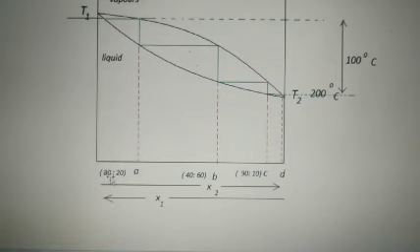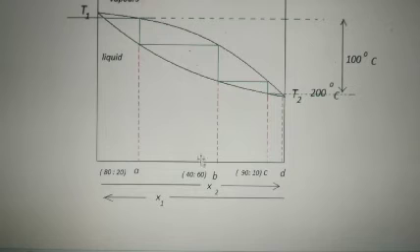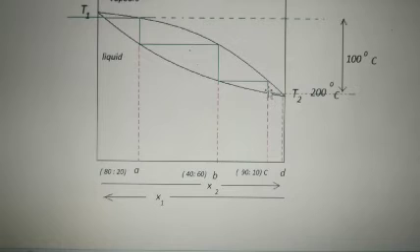One component was 80 here, then reduced to 40%, then reduced to 10%. The second component was 20% at the first site, then increased to 60%, then increased to 90%. So it means at this point I am having 90% second component and 10% of the one component left.